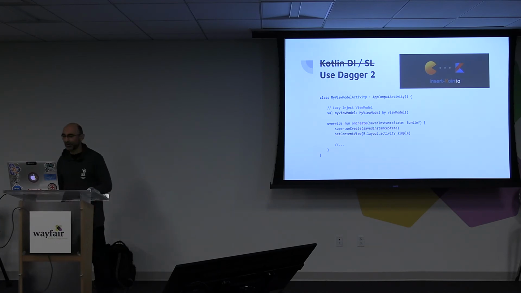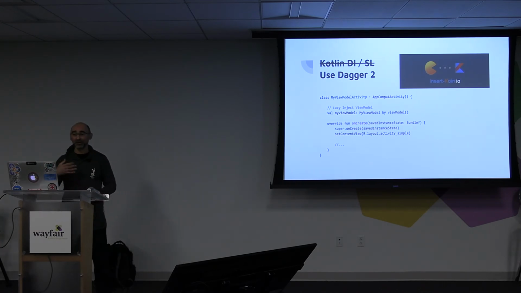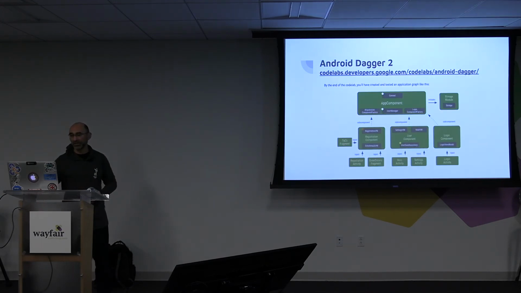So no longer do I walk around saying you should use dependency injection with Koin. I'm changing my tune and saying you should use a dependency injector with Dagger, because the Android team is working really, really hard to integrate Dagger in as the proper way to do object creation with Android.